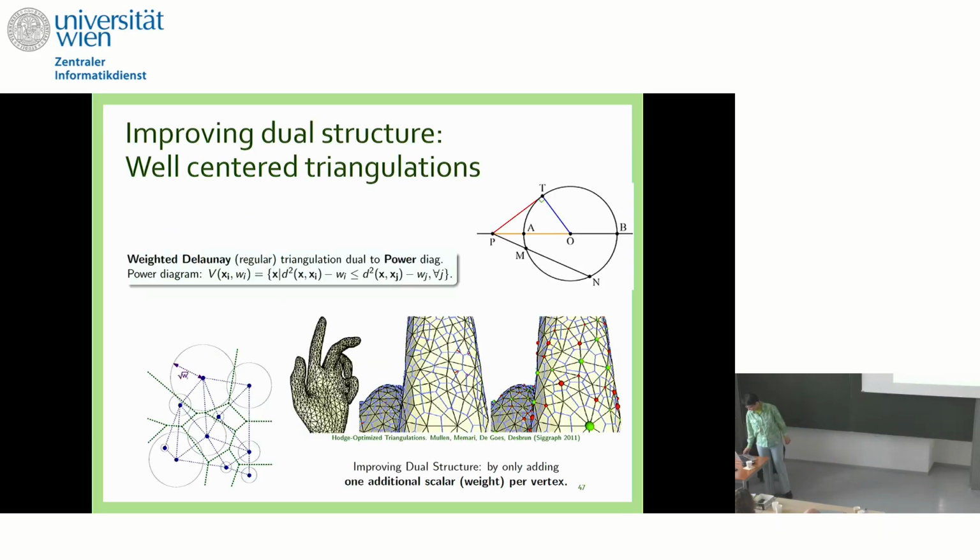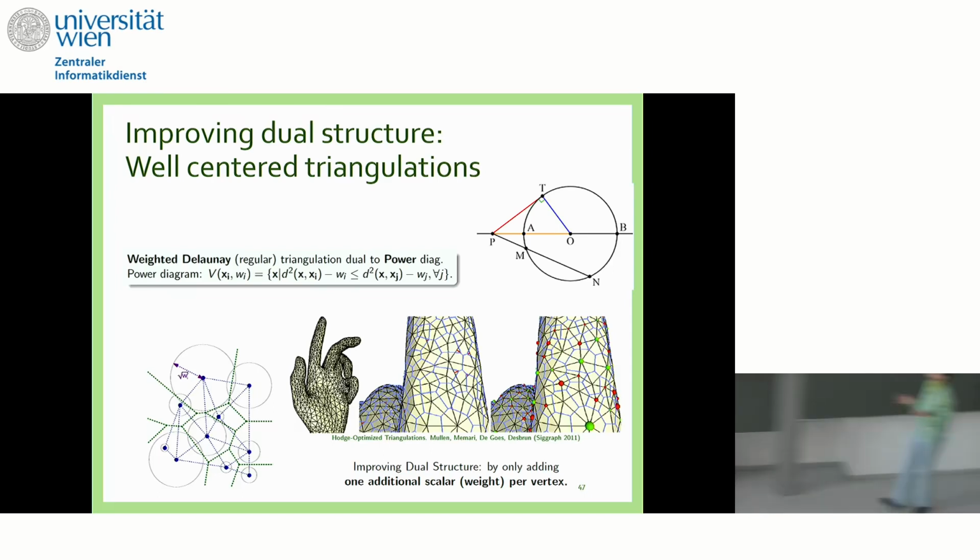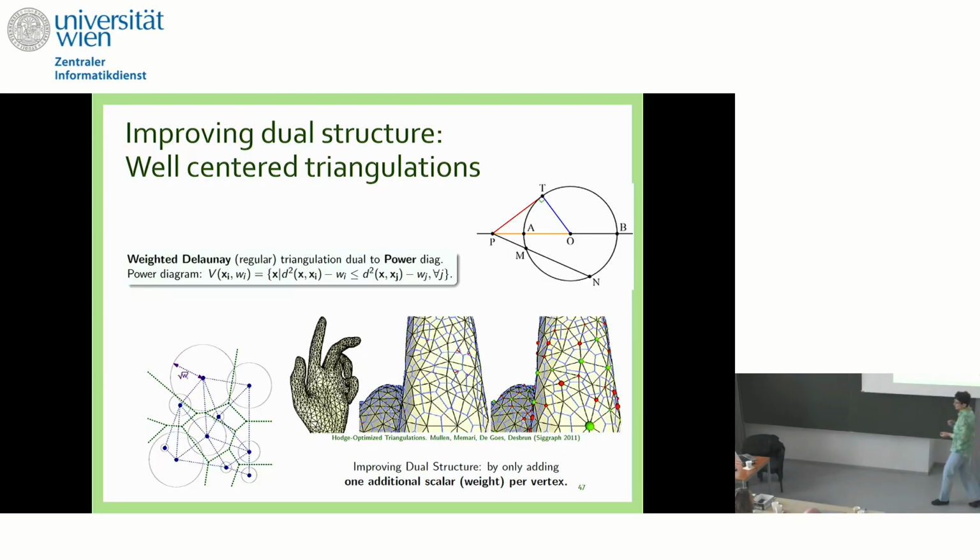I will end with two more examples here. Based on this optimization of weights and positions of the meshes, we can have some interesting numerical approaches that would improve the numerical performance of some of our computational tools, such as the Laplacian, which depends on both primal and dual structure, because as you know, Laplacian operators on meshes are mainly based on the cotangent formula that can be represented as a relation between the dual and primal structures.